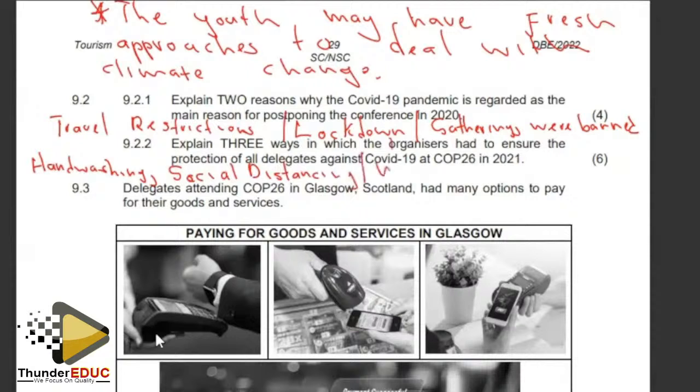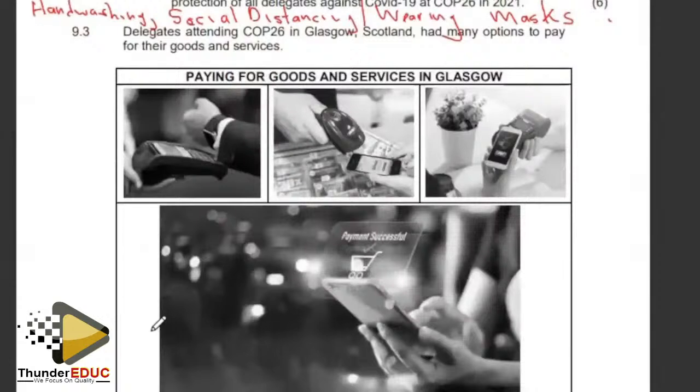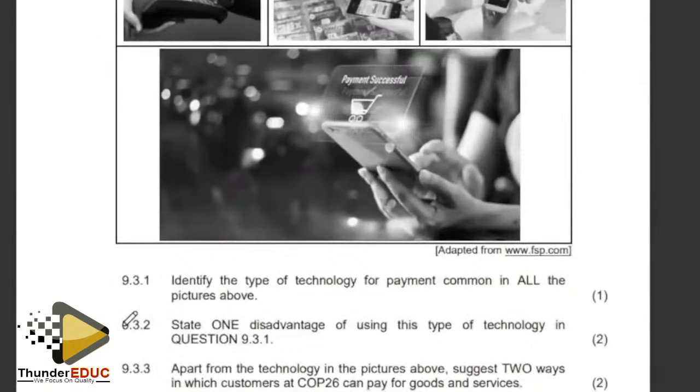Wearing of masks, etc. All these are examples of how organizers ensure protection of the delegates.